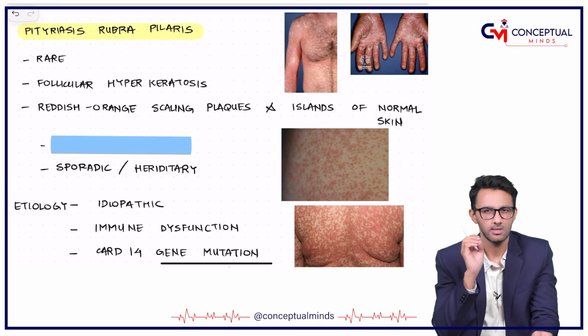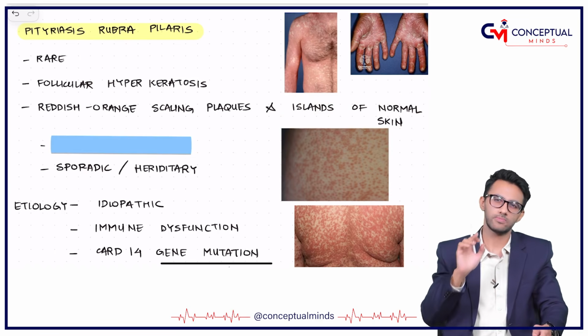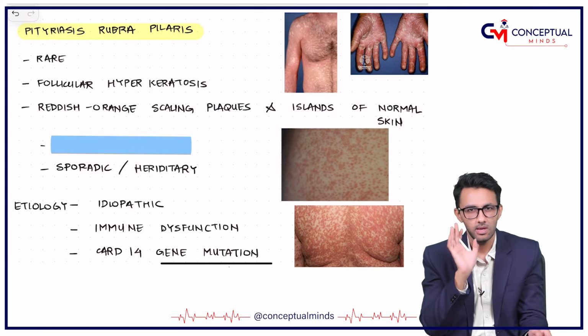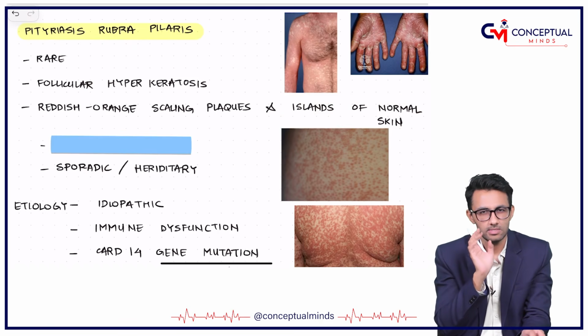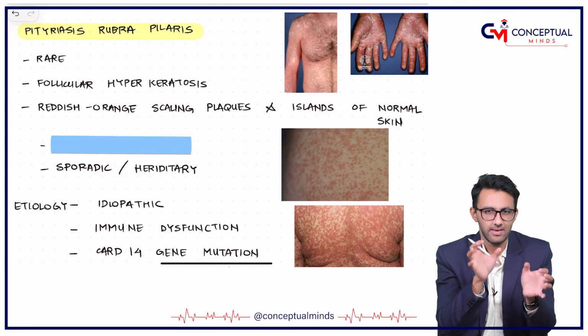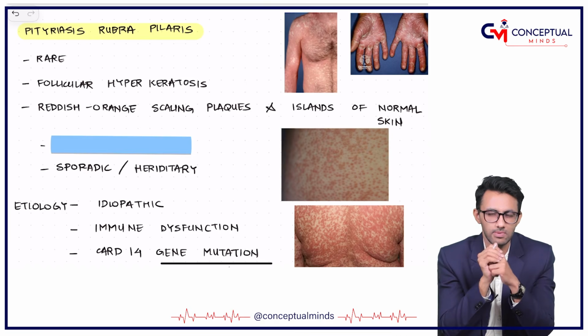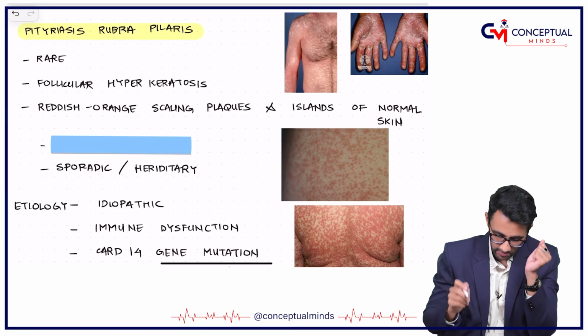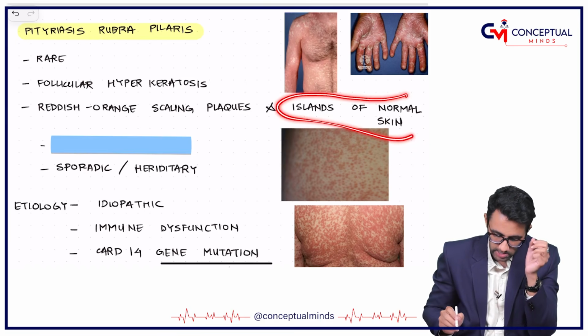If you hear this word islands of sparing in dermatology, it is going to be Psoriasis Vulgaris. Definitely we have to correlate with so many things as well, but it is a very good differential. Okay, islands of sparing.